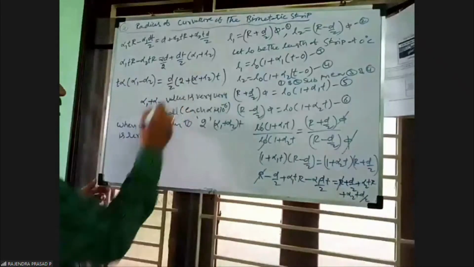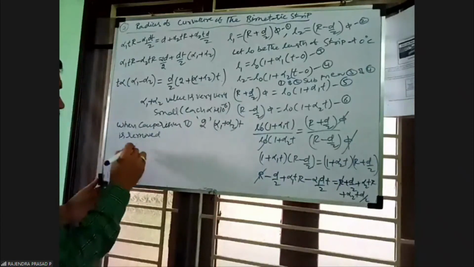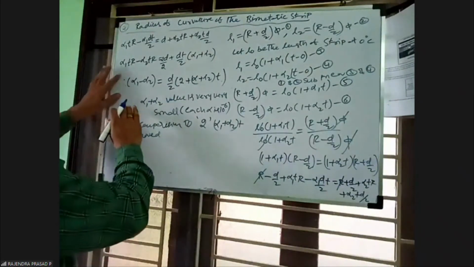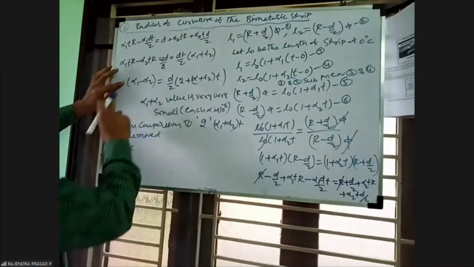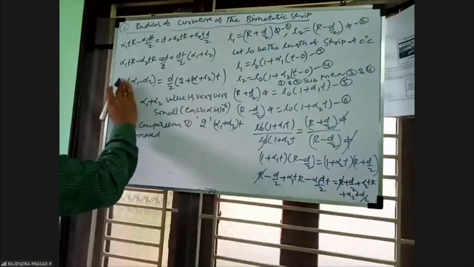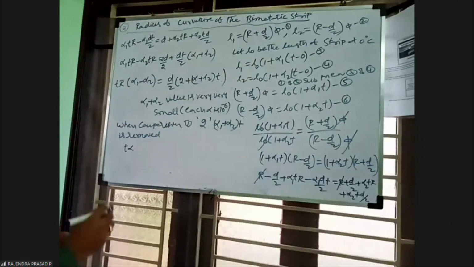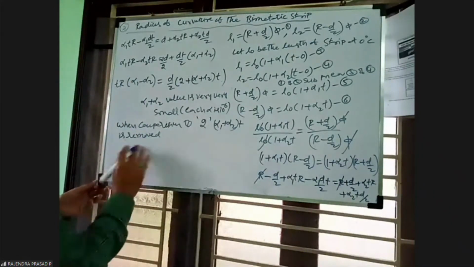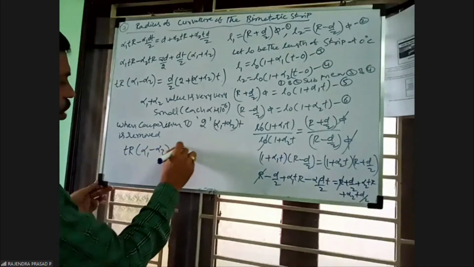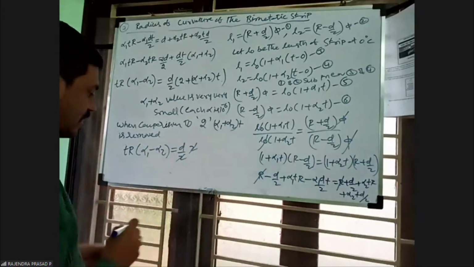Therefore TR is common: TR into (alpha 1 minus alpha 2) is equal to d by 2 into 2, and the 2 cancel.